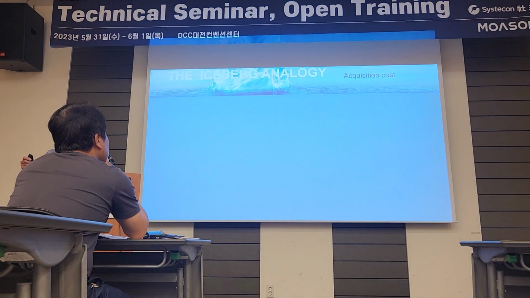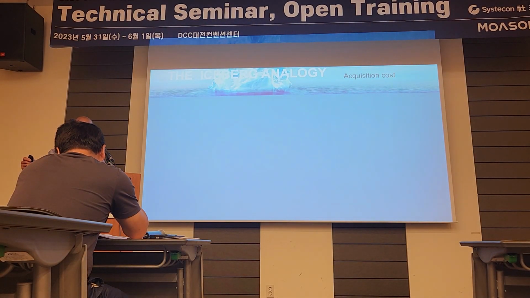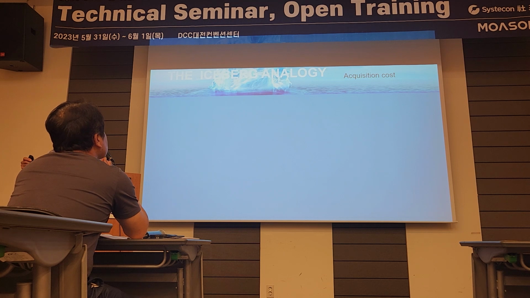And equally important is this iceberg analogy, because what commonly is the tendency is that when you are procuring a system as an operator, you are looking at the price tag of the system. What does the system cost to buy? The acquisition cost.